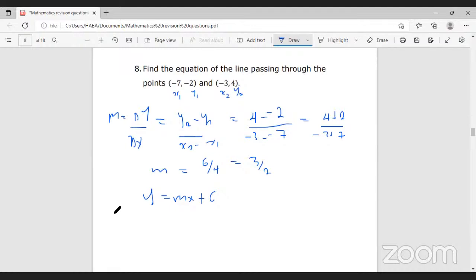Okay. So we use -7, -2. So -2 is equal to gradient, which is 3/2, times x, which is negative 7, then plus c.